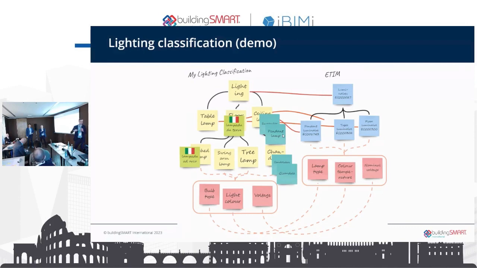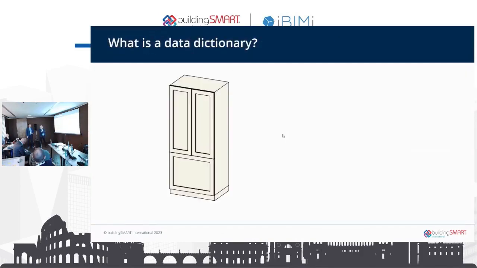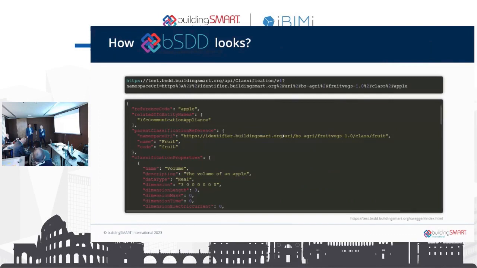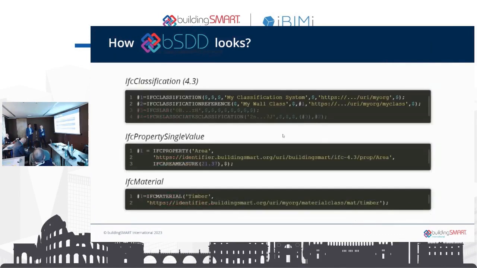I have shown this slide at the beginning. So in IFC, for example, if you have a property called area and you want to make a reference to what is the meaning of area, what are the translations, possible values, units, and so on, you can just make this reference using a URI.